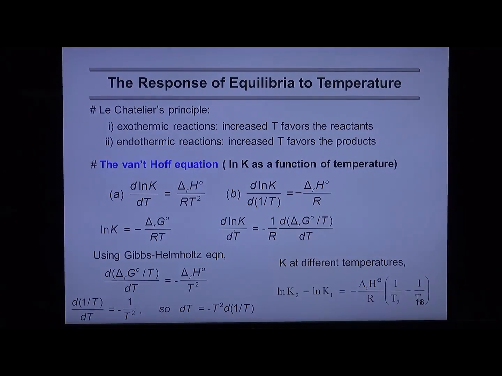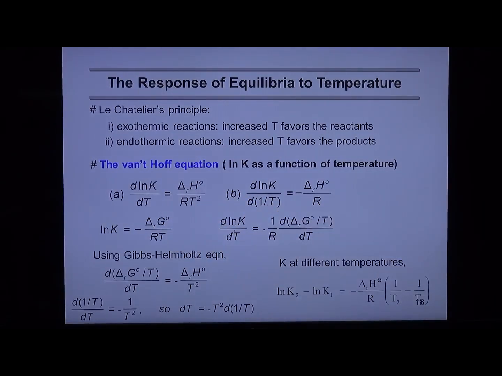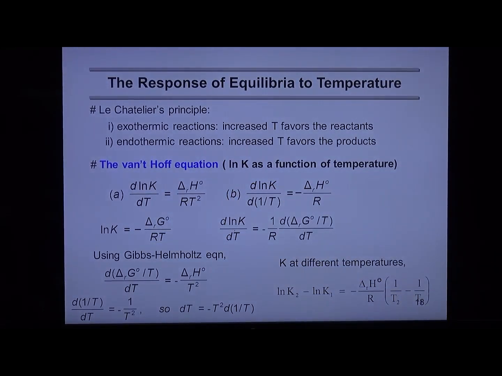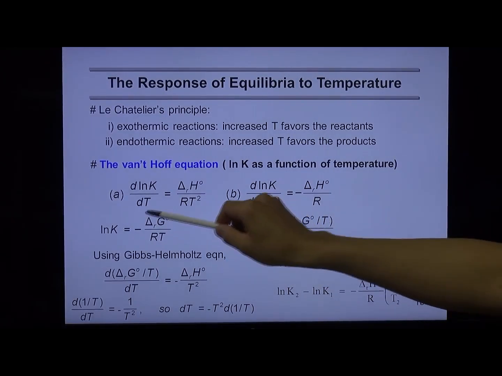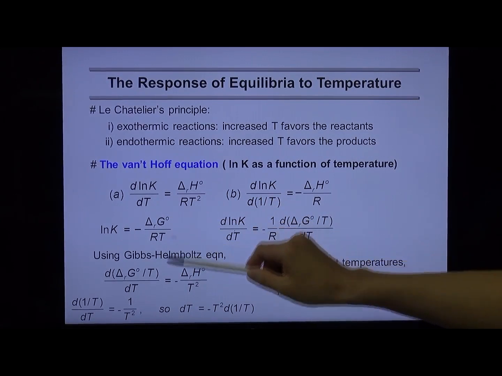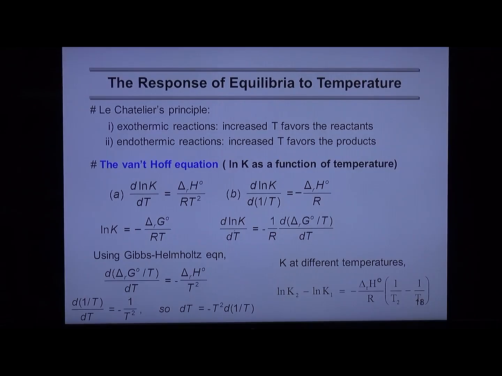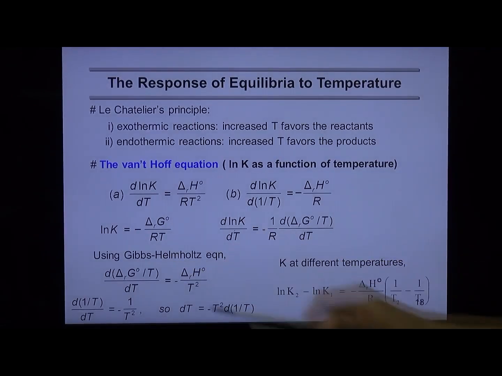And if you take the derivative on both sides as a function of temperature, on the left side you get d ln K over dT, and on the right side you have an expression for the standard reaction Gibbs energy over T. If you take the derivative of Gibbs energy over T as a function of temperature, what you get is minus enthalpy over T squared, according to the Gibbs-Helmholtz equation.